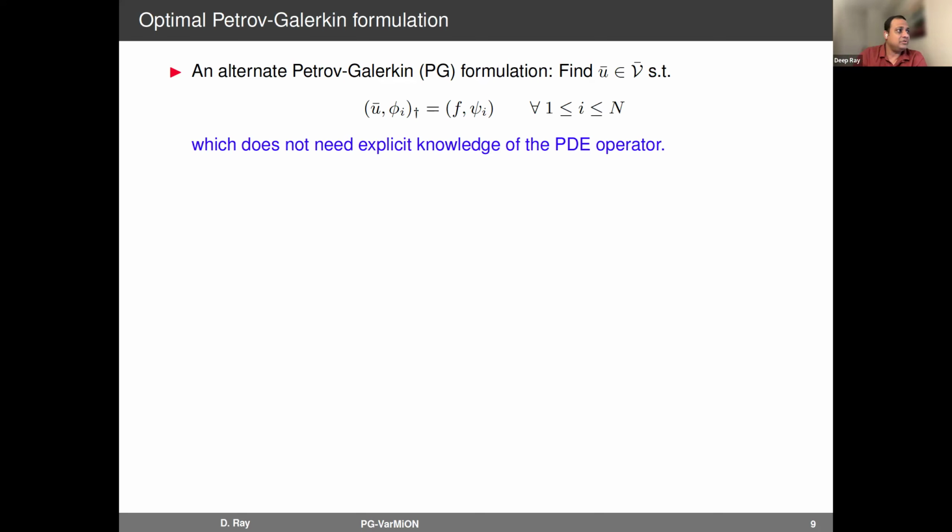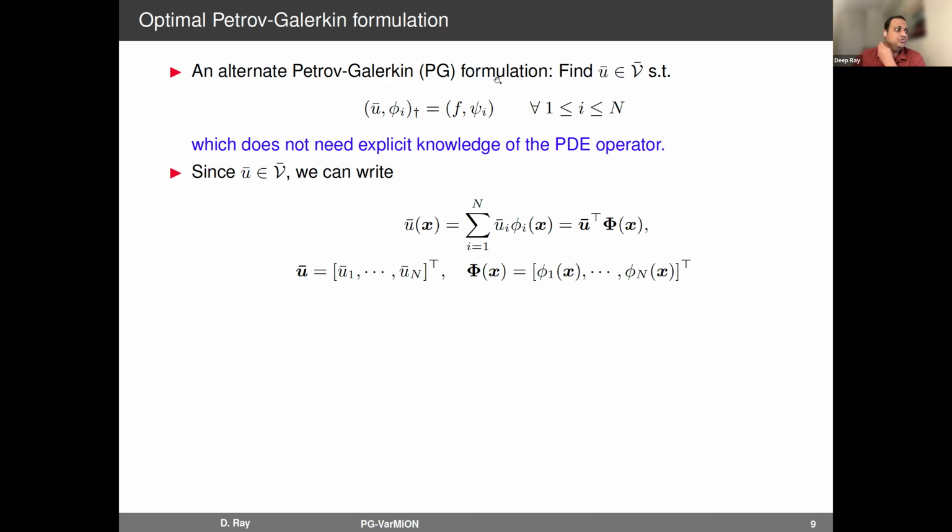And this is going to be true for every single I going from 1 to n. Since U bar is in V bar, it can be written as a linear combination of the trial basis, where U bar I are the coefficients of the trial basis. I can write this in compact form as a vector U bar dotted with the vector of trial functions. This is the representation of my U bar in the V bar space.